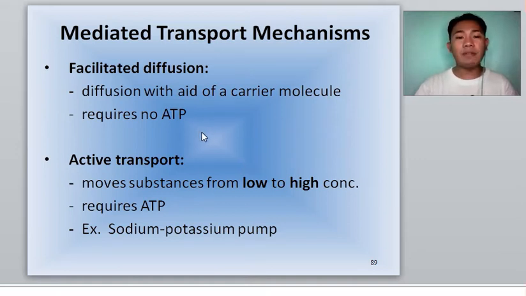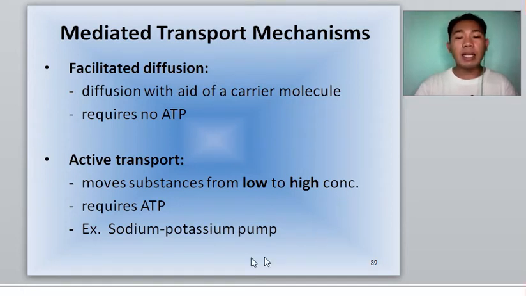One is facilitated diffusion, which is diffusion with the aid of a carrier molecule and usually requires no energy in the form of ATP. Another is active transport, which moves substances from low concentration to higher concentration and usually requires ATP.